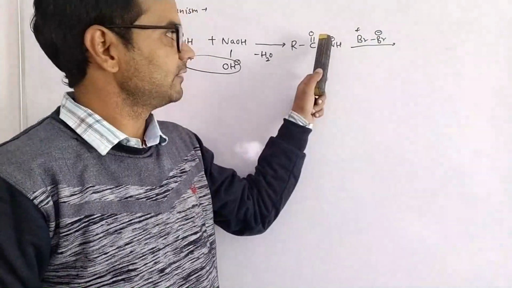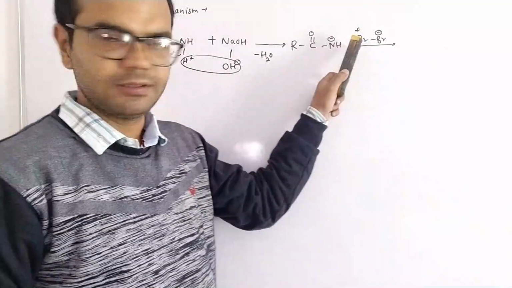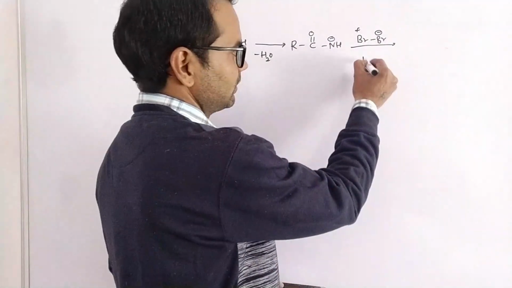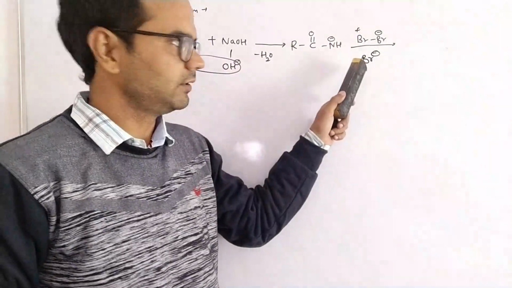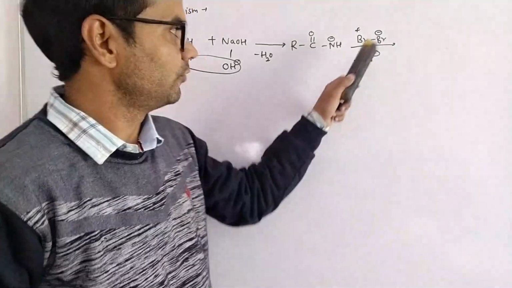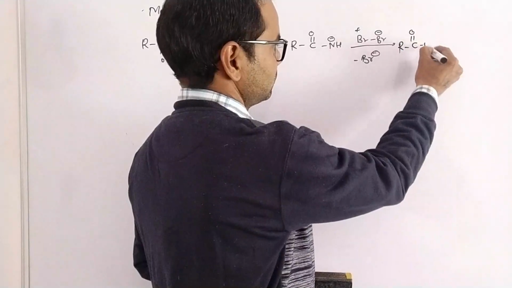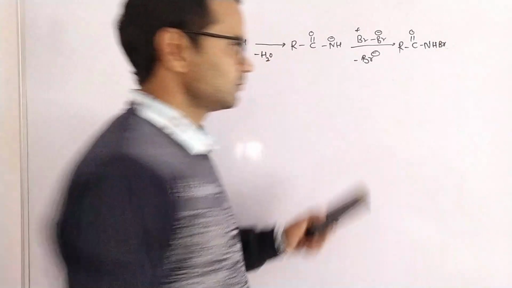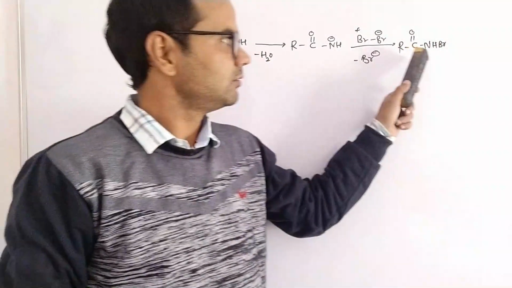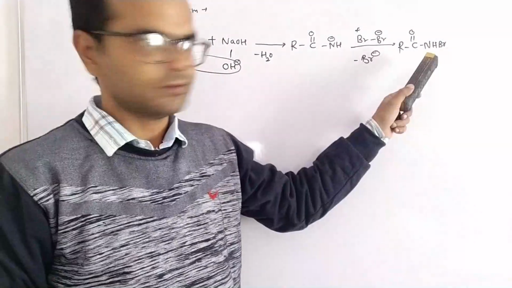Now these electrons will make a bond with this bromine. As a result, one bromide ion will be eliminated. So now we have the product RCONHBr. There is a bond between nitrogen and bromine.